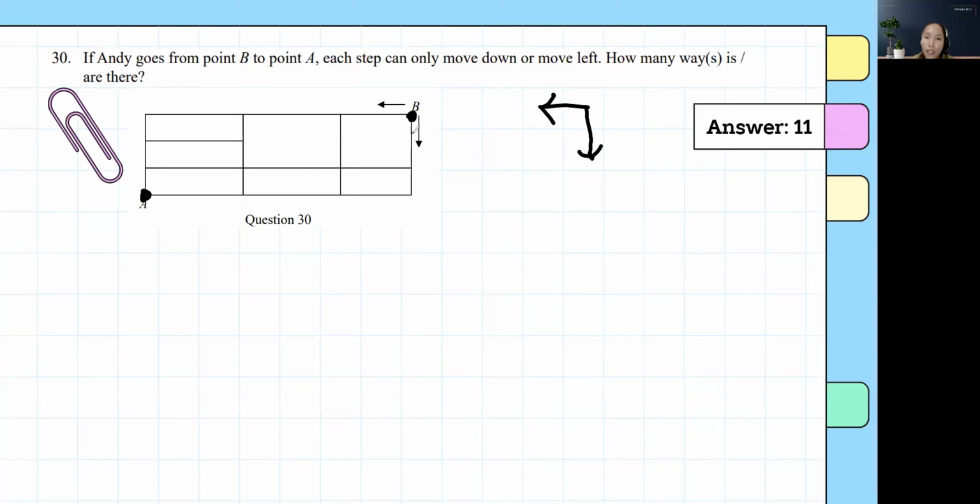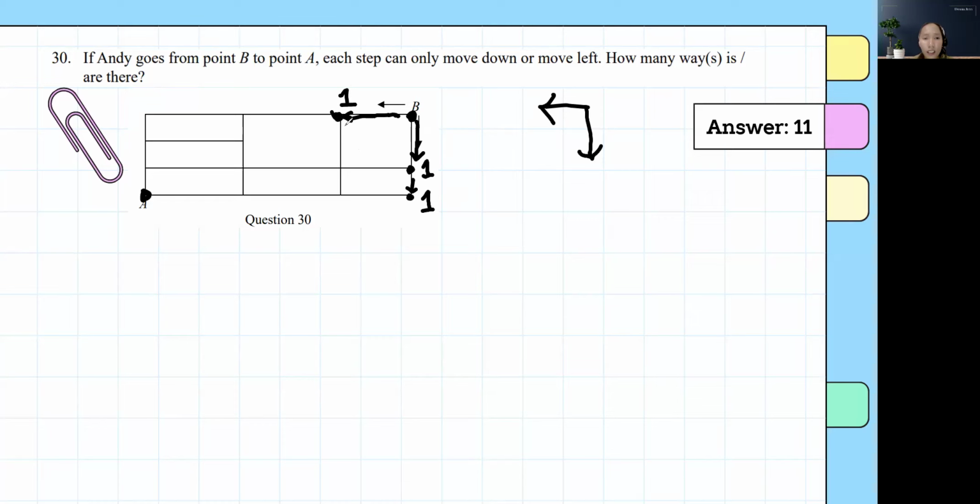So from point B going down, that's going to this point, that's one way. Okay, there's no other way we can go through there because we can't go left, down, then right. Right is an unallowed movement, okay? It's only down or left. So this is only one way to get here. Number of ways to get to this point, that's also one way.